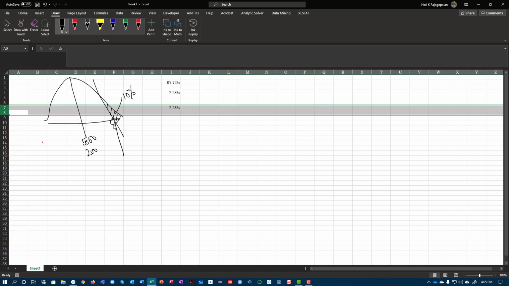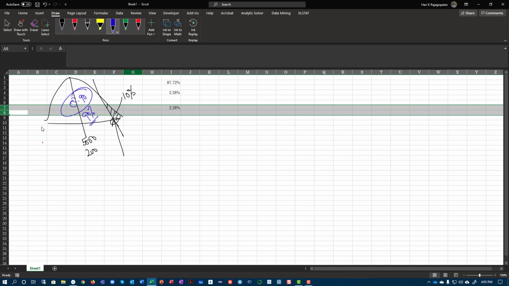What is this value here, right? You're given the probability, but you're asked to calculate the value. Now, if this is given as 10%, you need to calculate this area here as 90%, right?